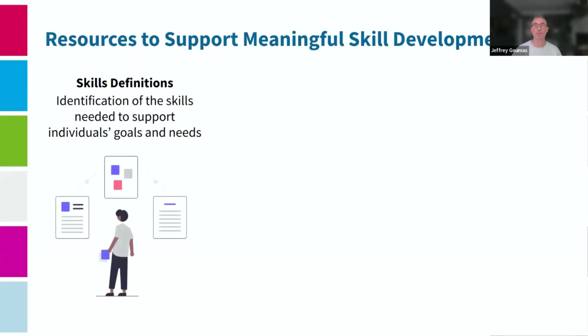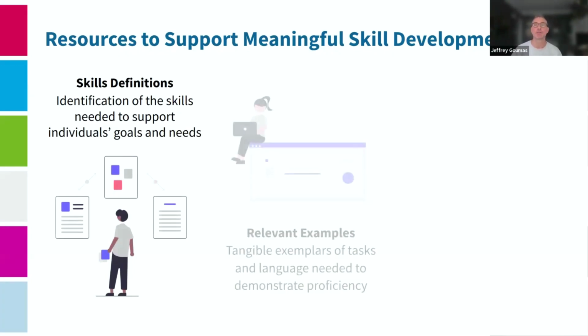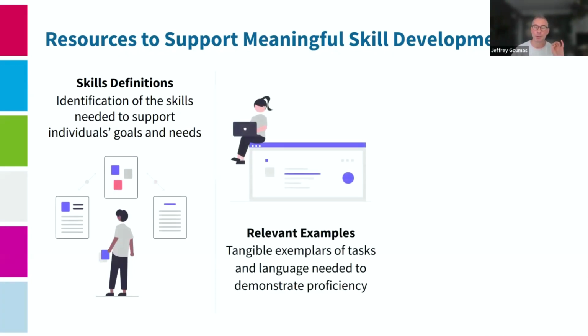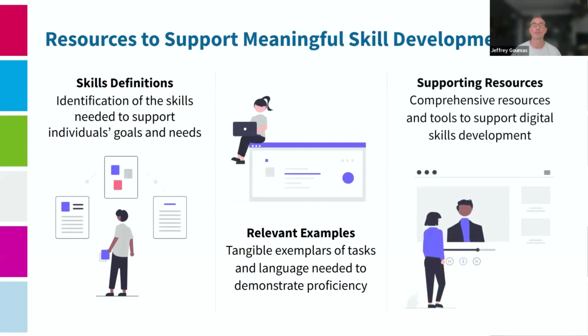So Bridges is a toolkit, as I said. So it's not just that framework. That's one element of the toolkit. And the framework provides skills definitions, and it also provides tangible examples, which we're going to look at in a second. So every single one of those skills, when we dive deeper, provides I can statements for what it means to apply or use that skill in work settings, in life settings, in educational settings.